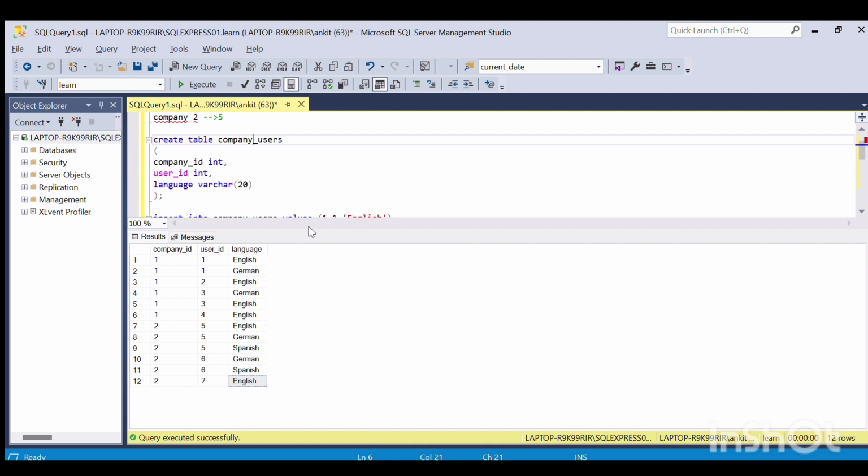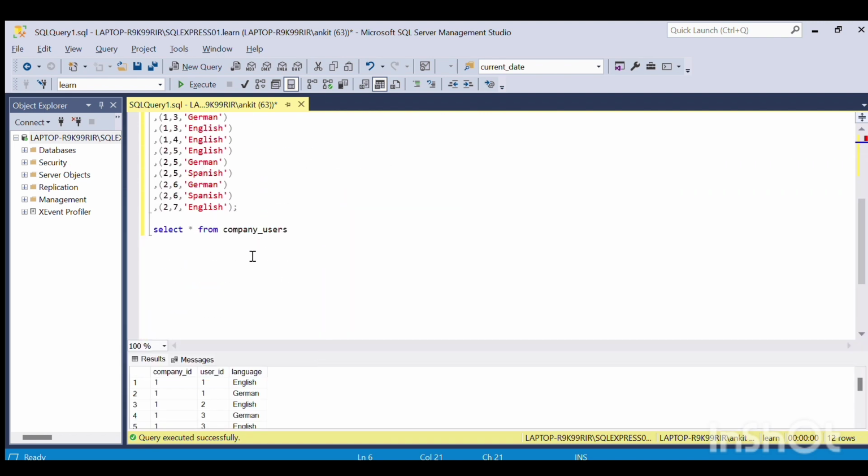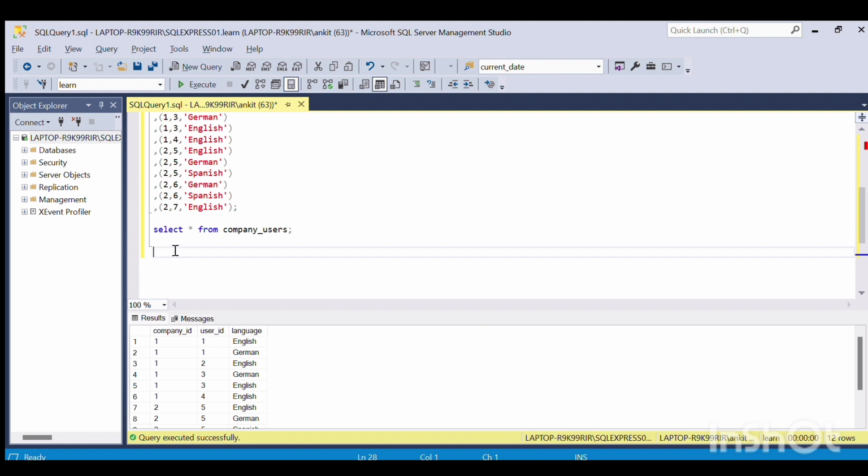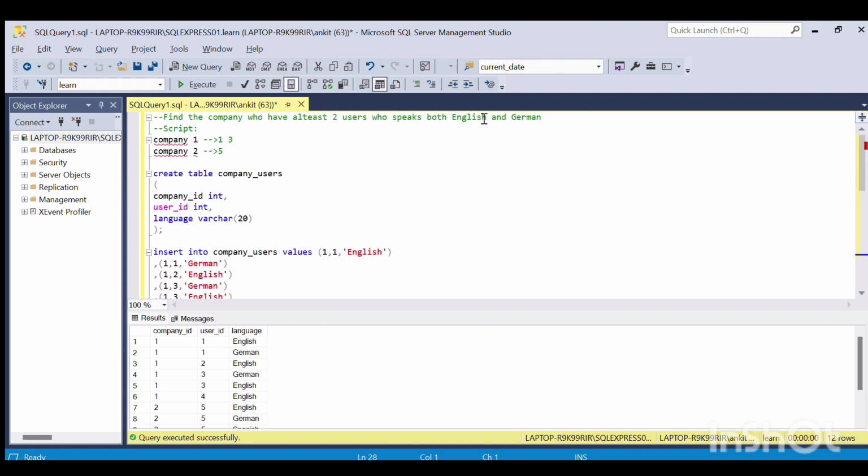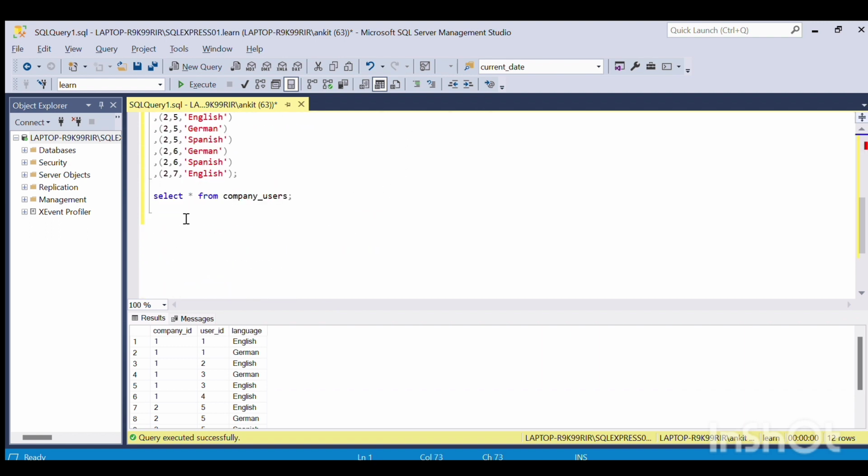Okay. So first, what I will do is filter out both the two languages. We are dealing with two languages, English and German. So I will first filter out these two languages.